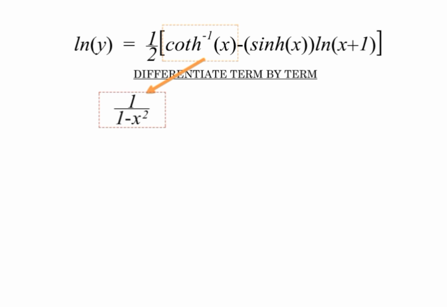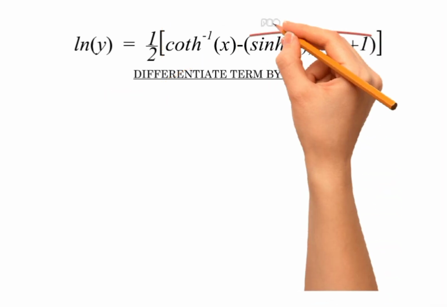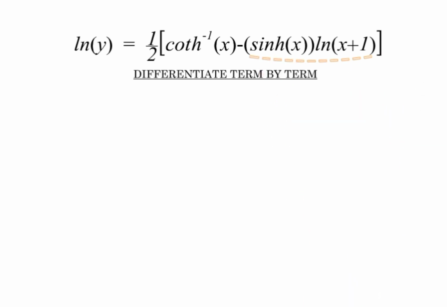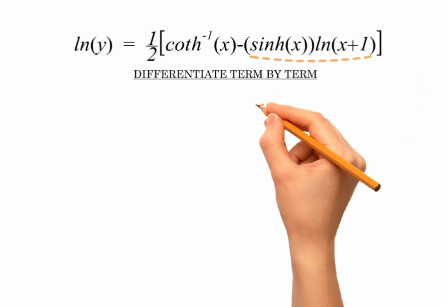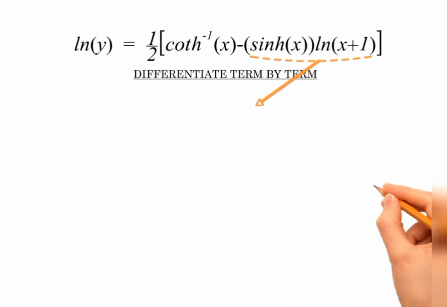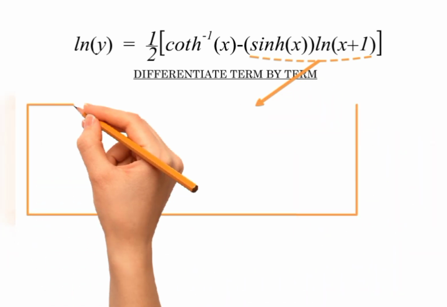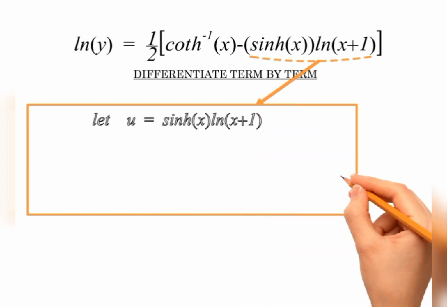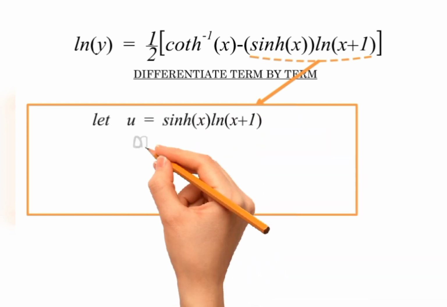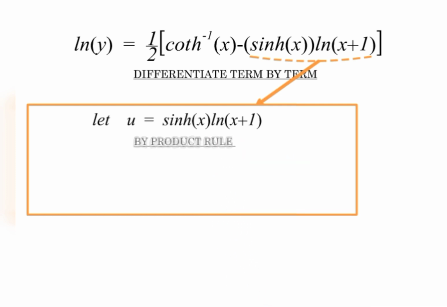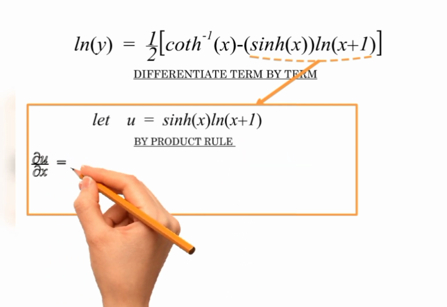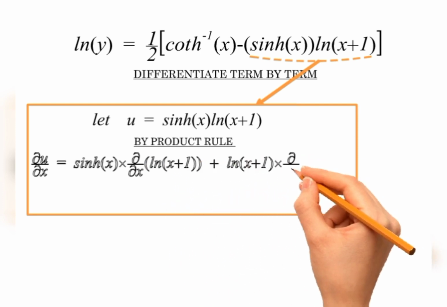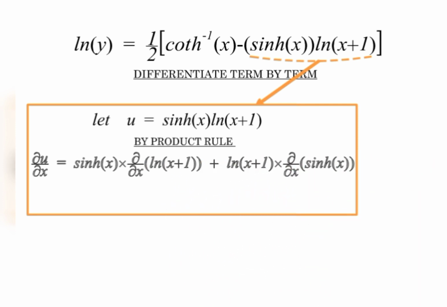For the third function in the sum, we notice that it is the product of two functions. So, we are going to apply the product rule. Let u equal sin x ln of x plus 1. du over dx is given as sin x multiplied by the derivative of ln of x plus 1, plus ln of x plus 1 multiplied by the derivative of sin x.